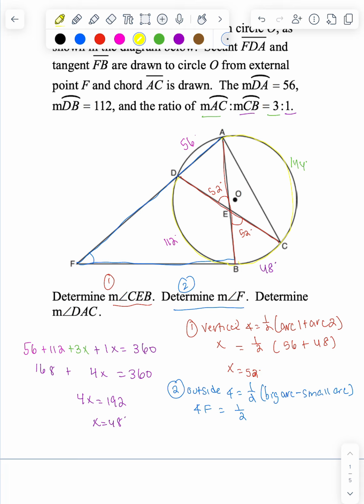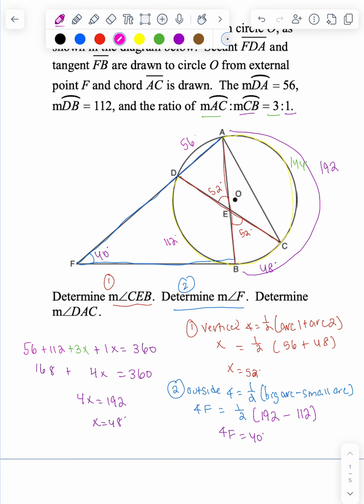So here, I'm going to do half of, I need to figure out what the big arc is because I don't have from A all the way to B. I'm going to have to add my two pieces, the 144 and the 48. And if I do that in my calculator, I get 192. So half of 192 minus the small intercepted arc, which is 112. So I have 192 minus 112. That's 80, and half of that, I get 40. So the measurement of angle F is 40 degrees.